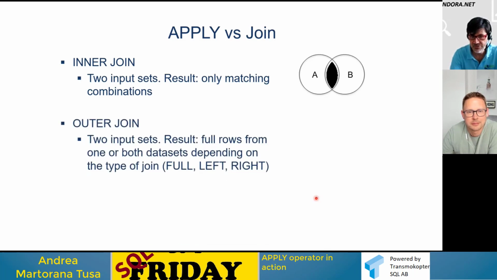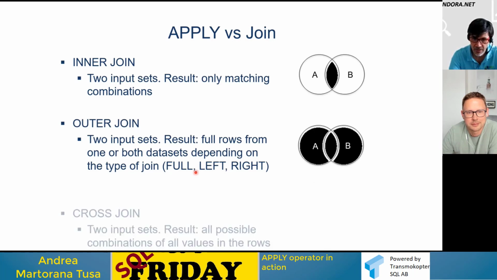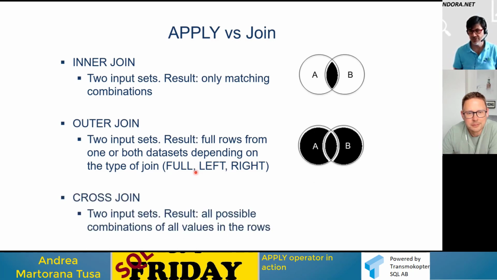Then you have an outer join: again two input sets, with full rows from one or both data sets, depending on the type of join: a left join, a right join, or a full join. You also have the cross join, all possible combinations of all values in your data sets.